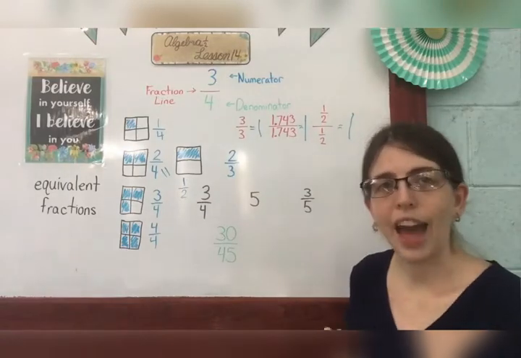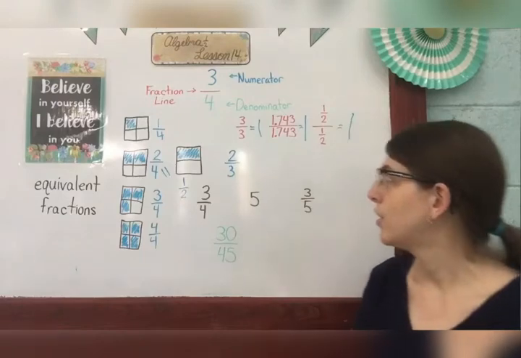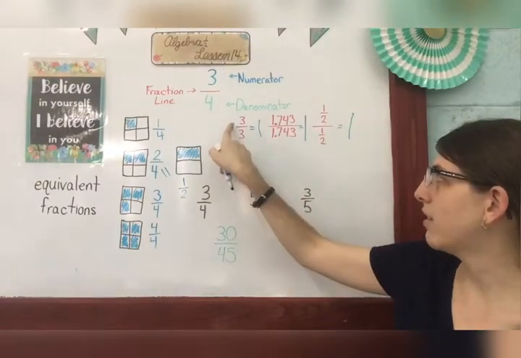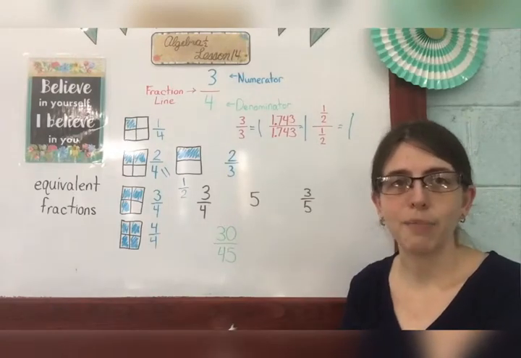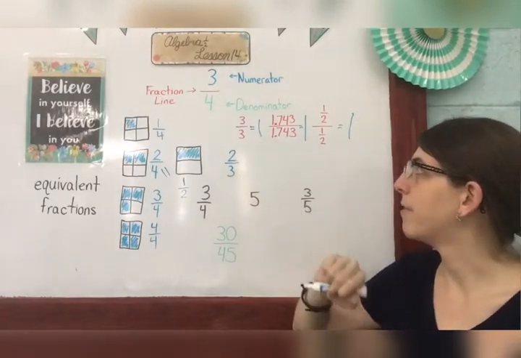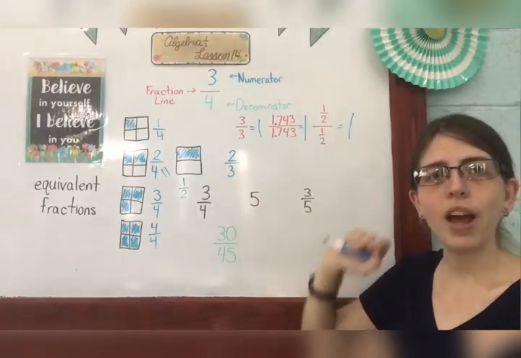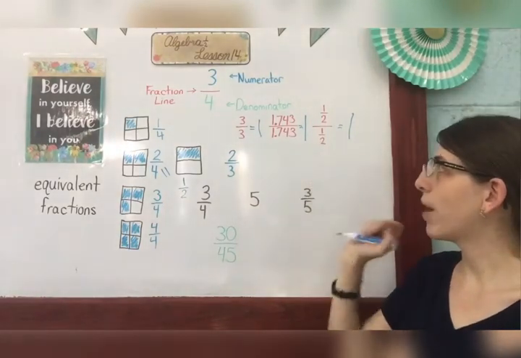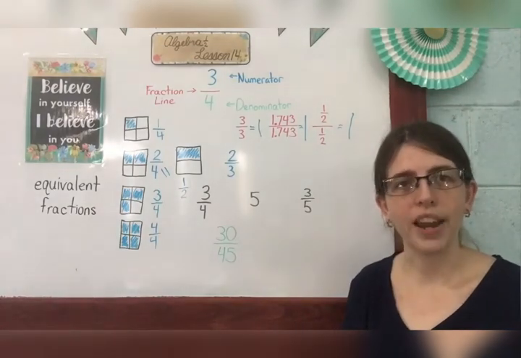The reason for that is this fraction bar indicates division. So this is really saying 3 divided by 3. Any number divided by itself is equal to 1. 1.743 divided by 1.743 is 1. 1/2 divided by 1/2 is 1. So all of these fractions are 1.